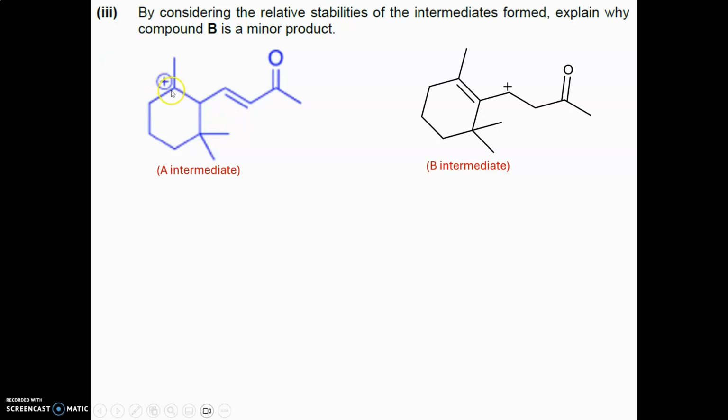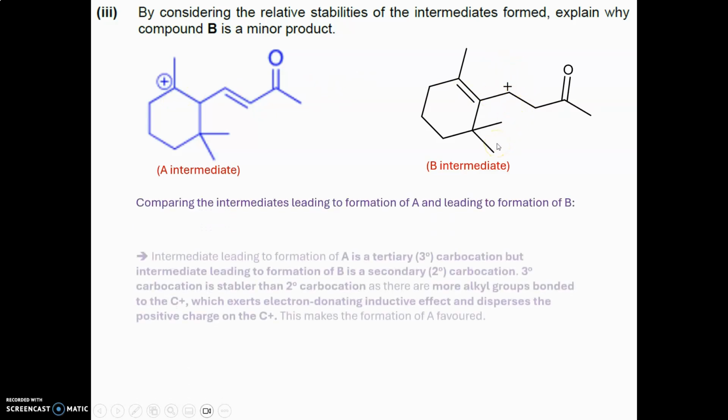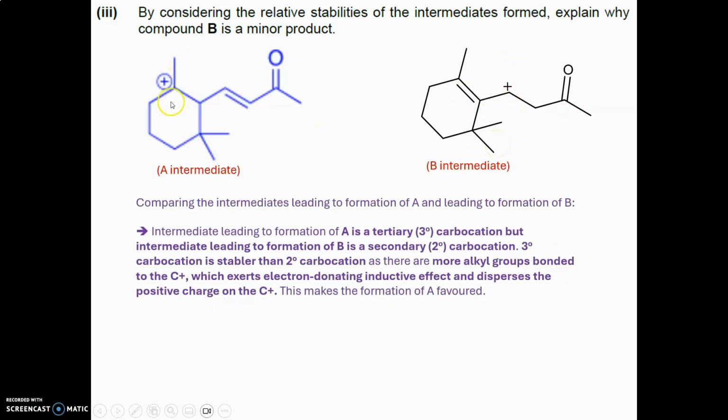First, we notice that this intermediate for A is a tertiary carbocation. There are 3 alkyl groups bonded to the atom which carries a positive charge, whereas this intermediate is a secondary carbocation. A tertiary carbocation is more stable than a secondary carbocation because there are more alkyl groups bonded to the C+, and alkyl groups exert the electron donating inductive effect.